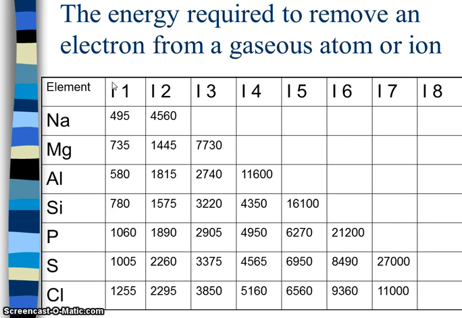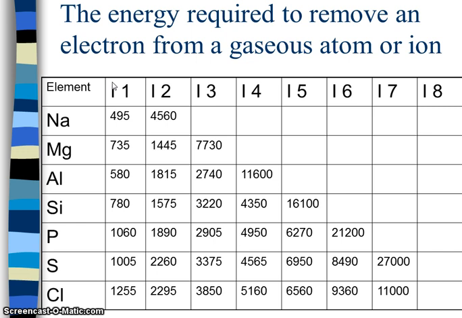Now the other thing we should notice is the big jump that occurs when we go from removing valence electrons to removing core electrons. Like if we were to look at magnesium, magnesium has 2 valence electrons. So we remove the first electron, we remove the second electron, but when we remove the third electron, there's a huge jump in ionization energy because we're going from our valence electrons to our core electrons.